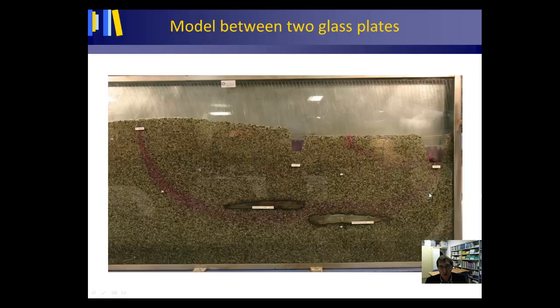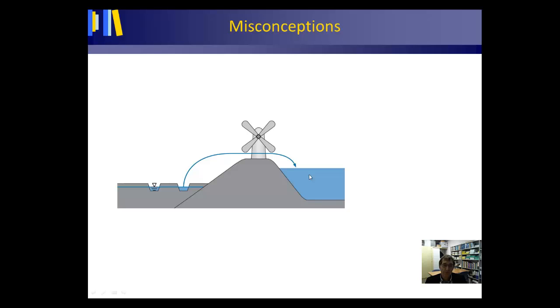And here water is flowing from a higher to a lower water pressure, but from a lower to a higher elevation. So water can flow from high to low elevation, from low to high elevation, or from high to low water pressure and from low to high water pressure. There's no problem there. So what then makes water flow?